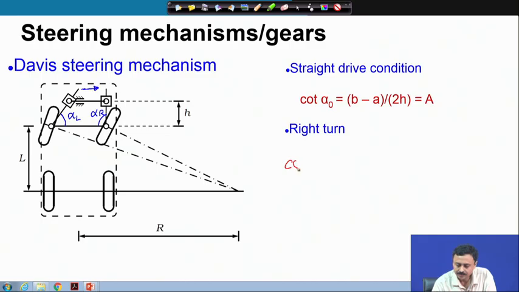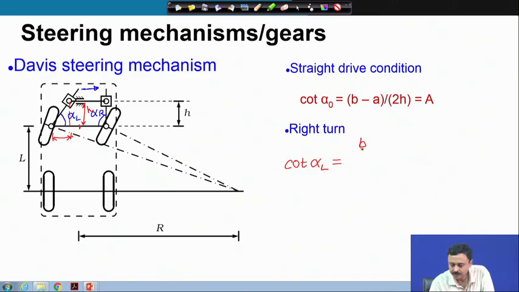Now, cotangent of alpha L is this distance divided by this distance, which remains the same, which is h. Now, this distance is, this was b by 2 minus a by 2 minus x.